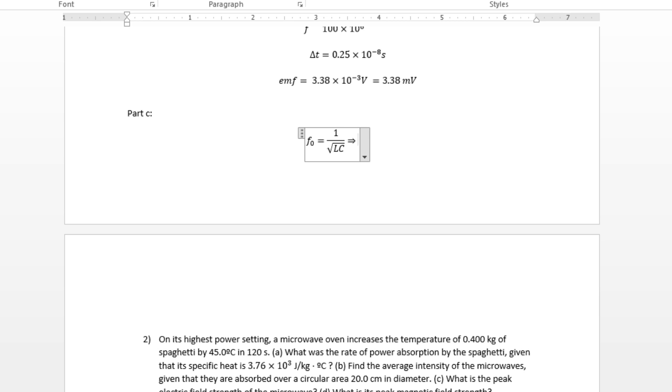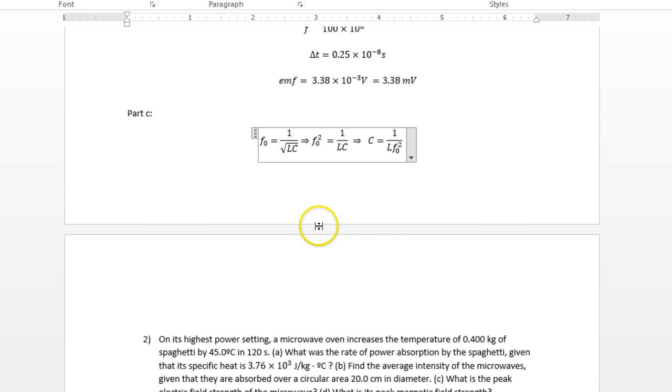So square both sides. It's going to give us F naught squared equals 1 over LC, right? Now we're going to multiply both sides by C, and we're going to multiply both sides by 1 over F naught to get to C. The capacitance is 1 over L F naught squared.